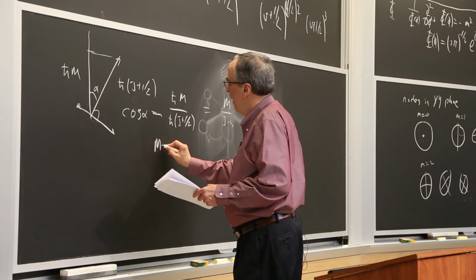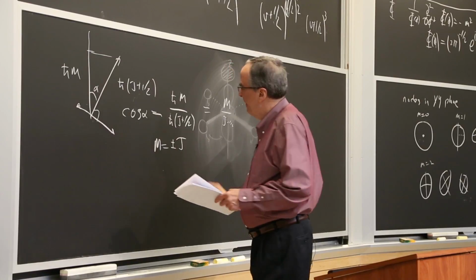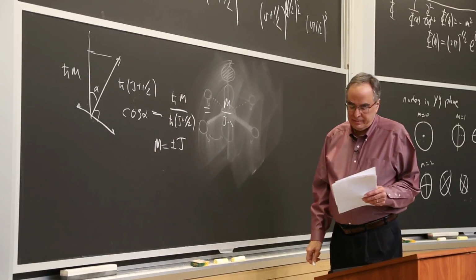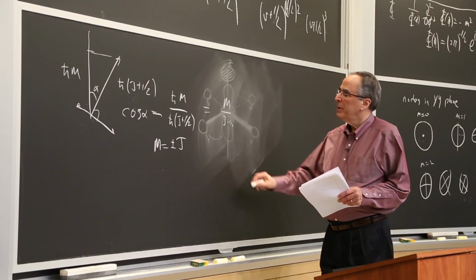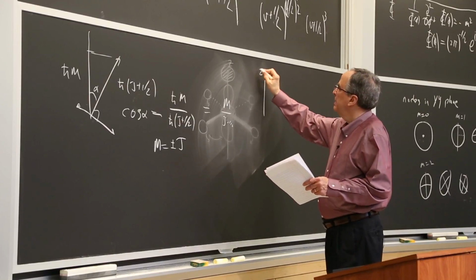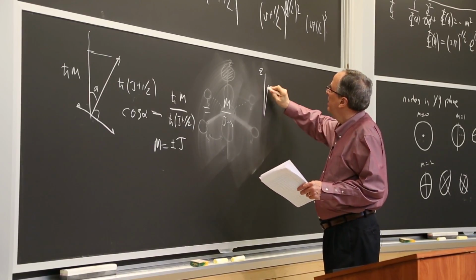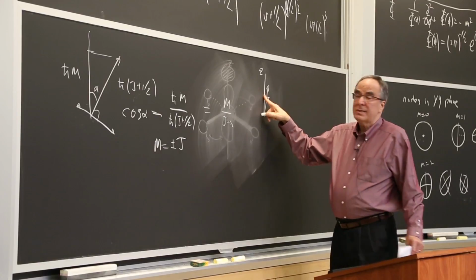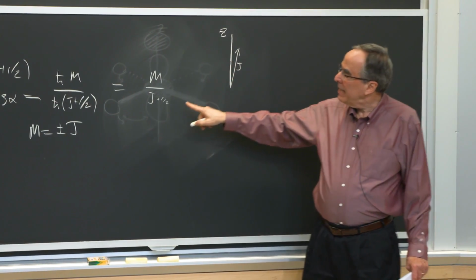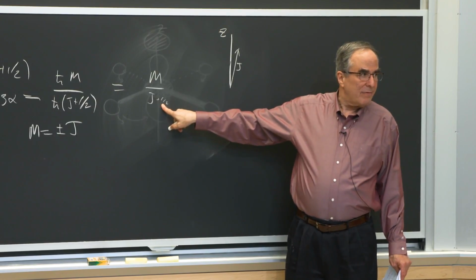If M is equal to plus or minus J, then what does that mean for this picture? Well, we have the z-axis, and we have J, and J is almost exactly along the z-axis. It would be exactly along if there wasn't this plus a half.